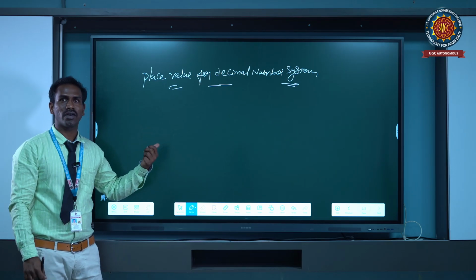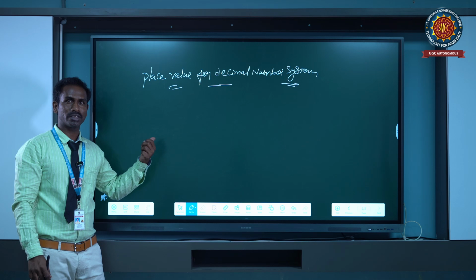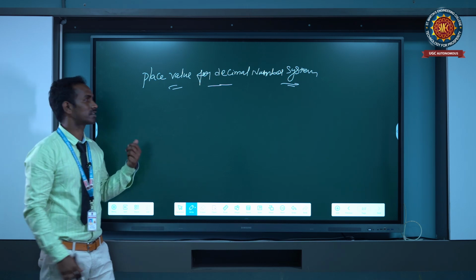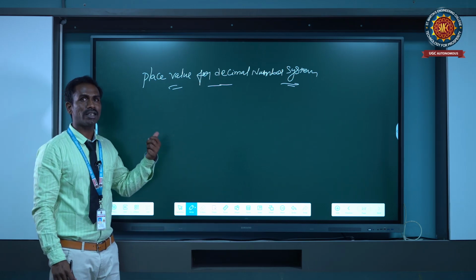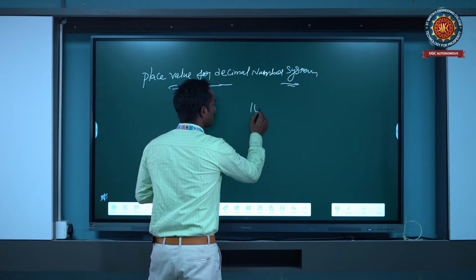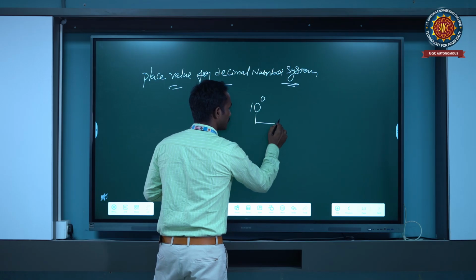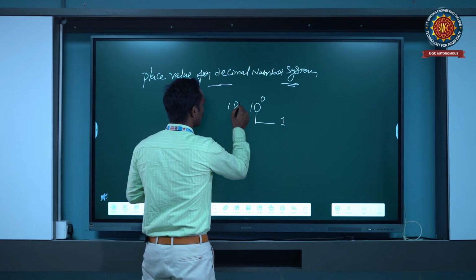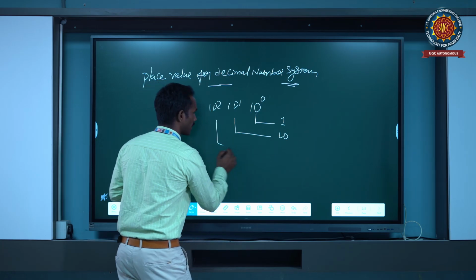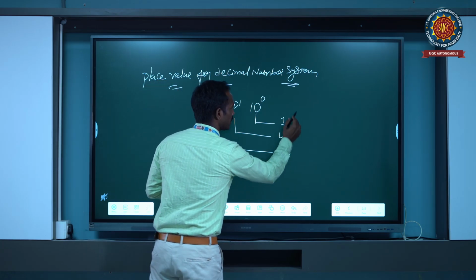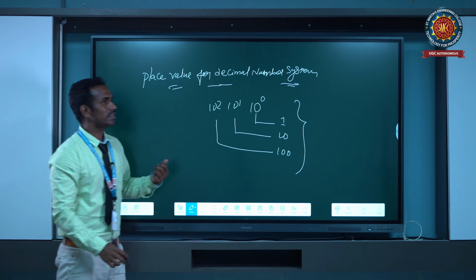What is the base value for the decimal number system? The base value of the decimal number system is 10. 10 power 0 is 1. 10 power 1 we can write as 10. 10 power 2 we can write as 100. That is the place value for the decimal number system.